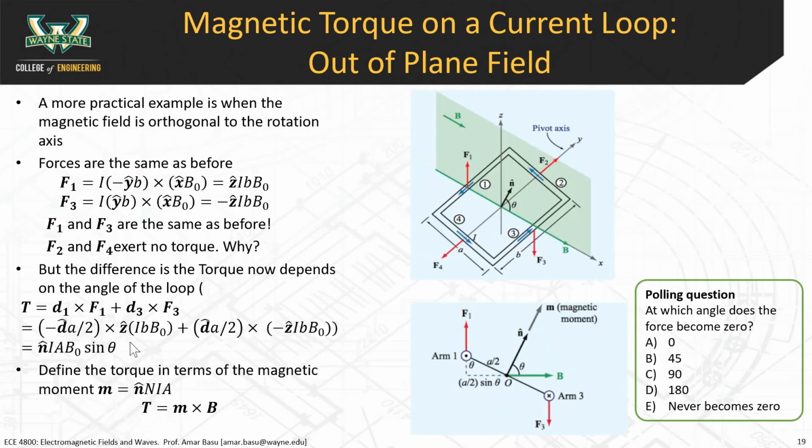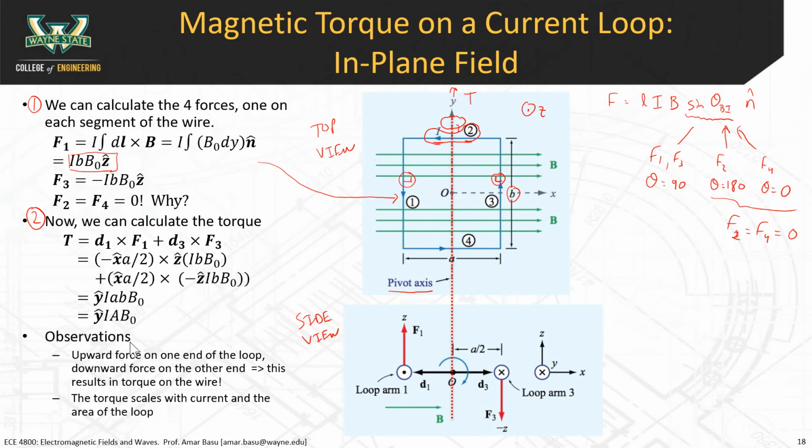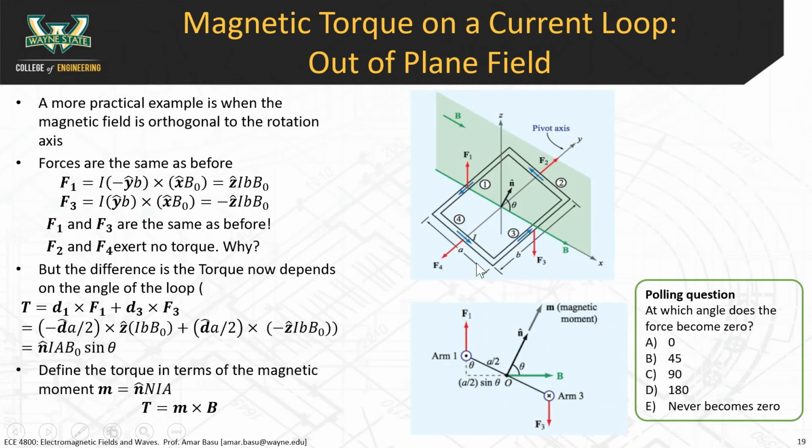All right, so let's take the simple example now. We calculated the torque on the wire when the loop happened to be in this position. But we know in a motor that the loop is not stationary. The loop is going to be rotating. So this is a closer example of what a motor might look like.